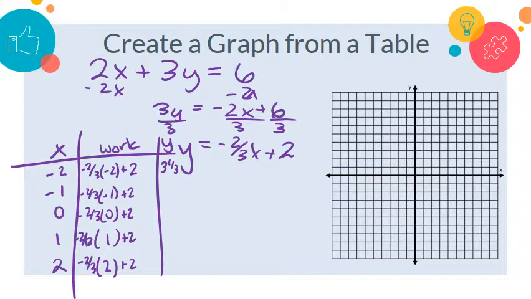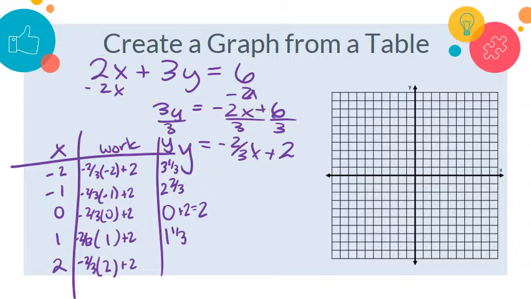Here I've got 2/3 plus 2, would be 2 2/3. Here I'd have 0 plus 2, which would be 2. Negative 2/3 times 1 is itself. Negative 2/3 plus 2 would be 1 1/3. Don't worry about these third calculations. That'll be easier for you.